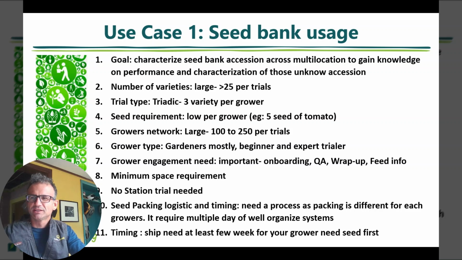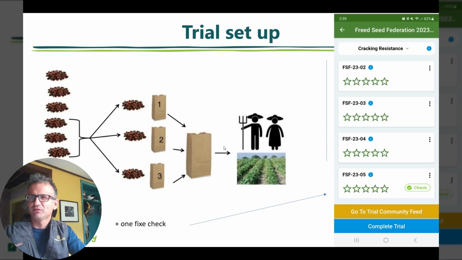Make sure you ship the seed and you talk way before they plant. Typically in the northern hemisphere, it's really nice to start in November, December to communicate well with the network for a shipping date of late February. So that's really the trialing model.